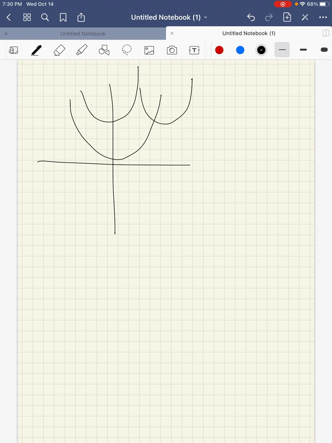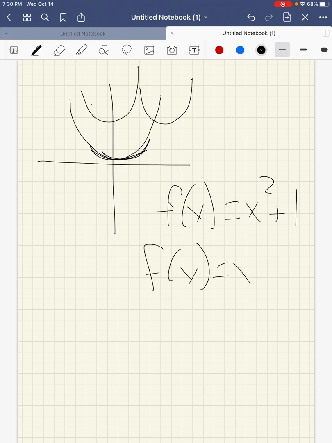So a translation, if it's straight up and down, and this is on page 214, if we said that that was f of x equals x squared plus 1 to start with, that would be this original graph. This one looks like it's like 3 units up from that. So it would be f of x equals x squared plus 1 plus the 3 units that we added to it, or x squared plus 4.